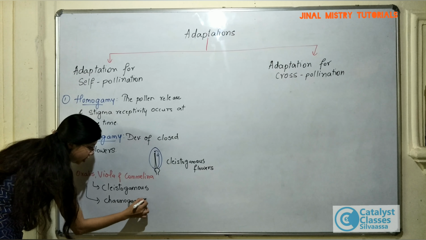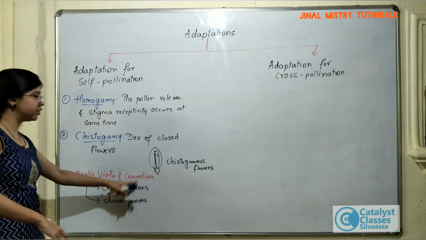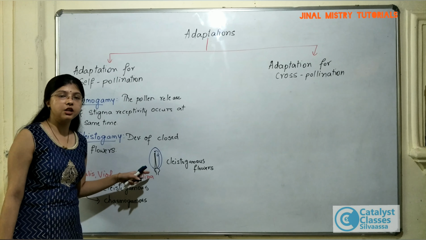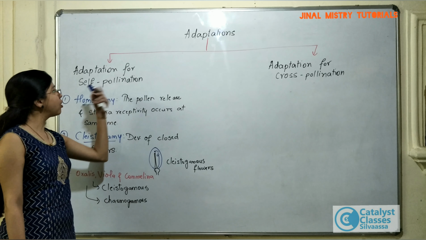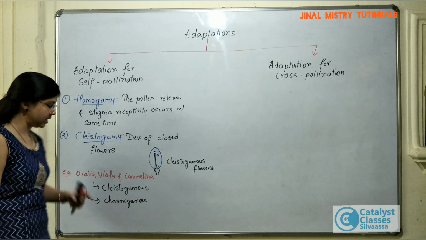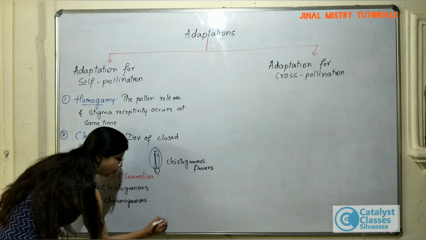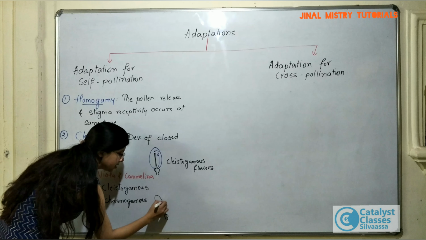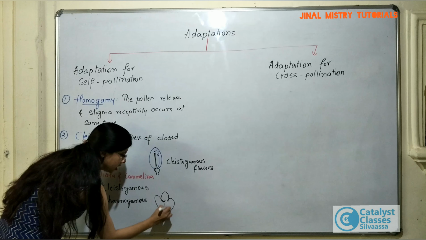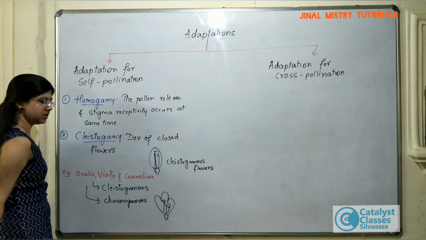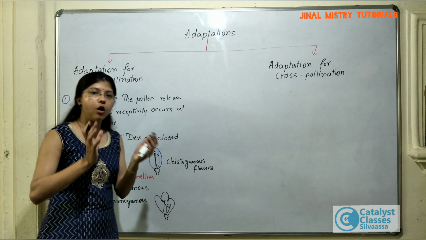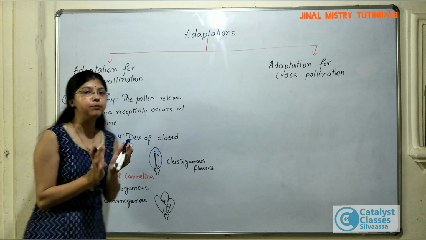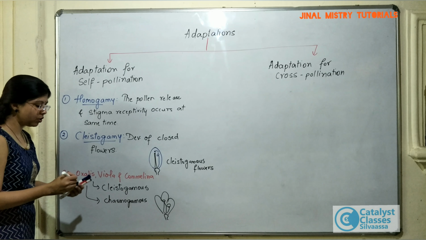We already know what cleistogamous flowers are. The flowers which never open are always in closed condition, and so they are always going to favor self-pollination. Chasmogamous flowers are the ones which generally open themselves. These are the petals, the female reproductive part, and this is the anther. So the open, normal flower that you see, which is completely bloomed, is called a chasmogamous flower.